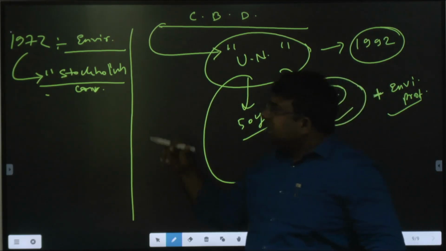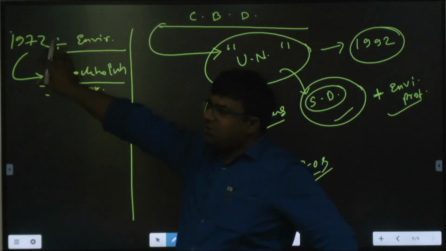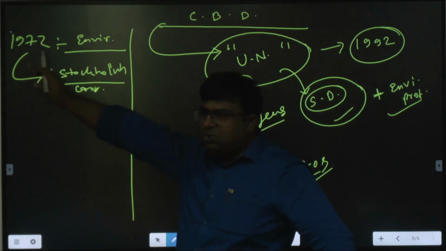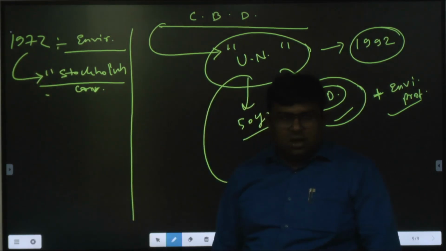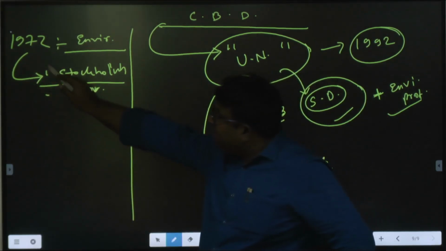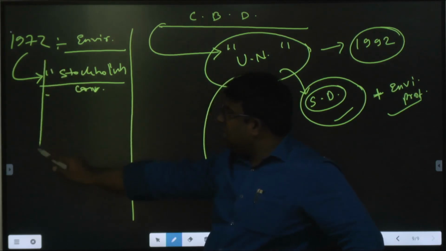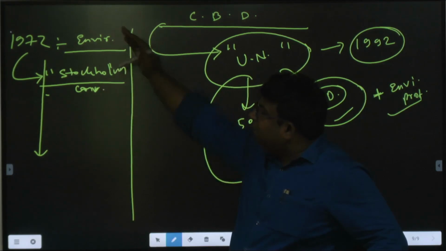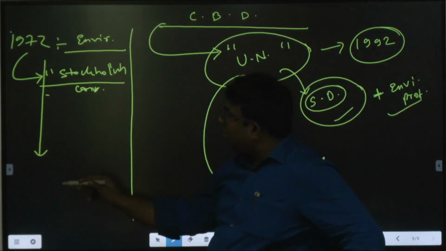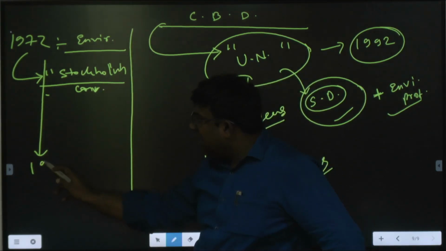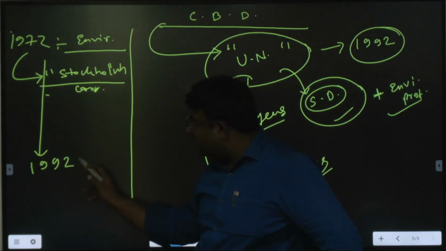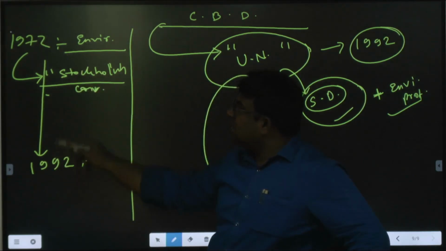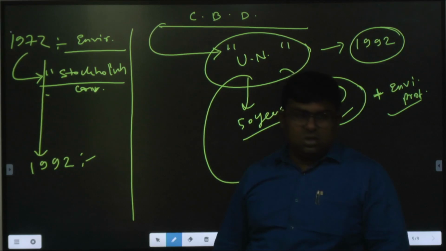But since it was the effort of United Nations, so we should talk about it. After Stockholm Convention, second such move was taken by United Nations only in the year of 1992, 20 years after the Stockholm Convention.